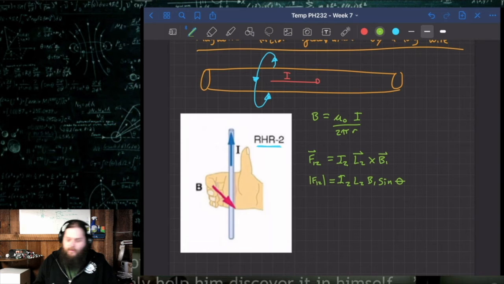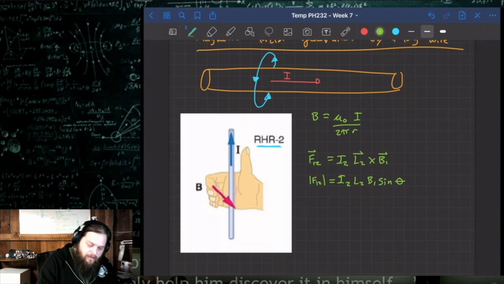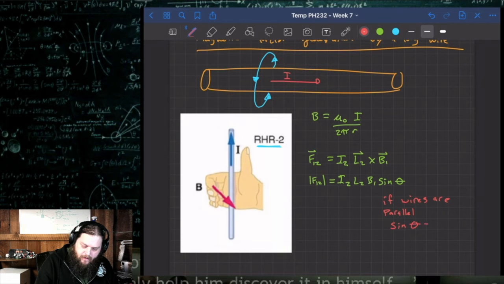Just like we were doing before, but now instead of a charge, we have a current and a length. So we can also look at this as a force per length. And notice, before I move on, that if the wires are parallel, sine of theta is equal to 1.